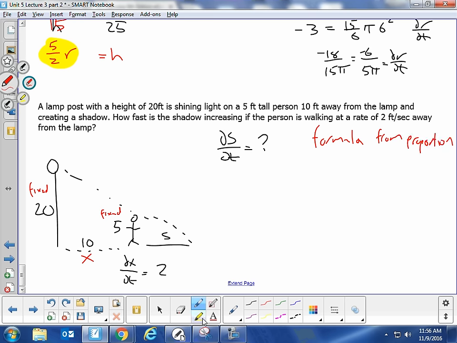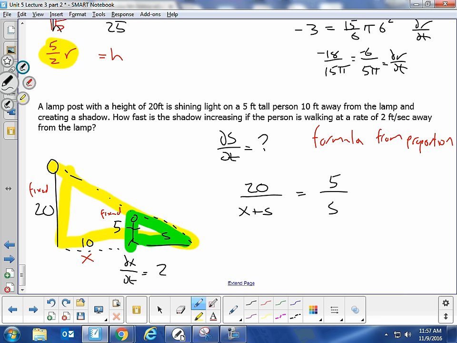The proportion is from two similar triangles. We have this outside triangle here, and then the triangle that is just created right here. So the two lengths that will be proportional are the height of the lamppost and the distance to the tip of the shadow, which we'll write as x plus s. That will be proportional to the height of the person to his length of shadow. This is the formula you need.